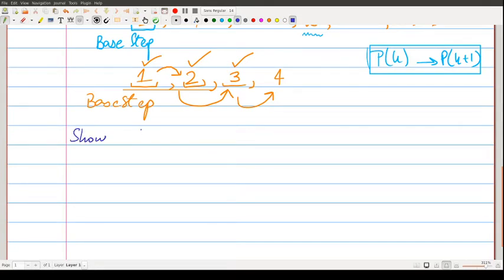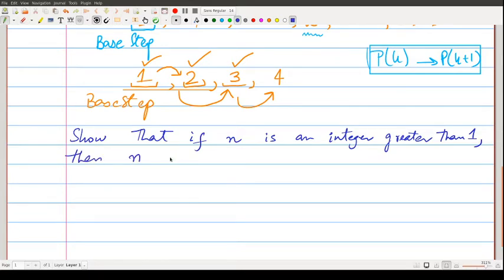Show that if n is an integer greater than 1, then n can be written as the product of primes. Okay.